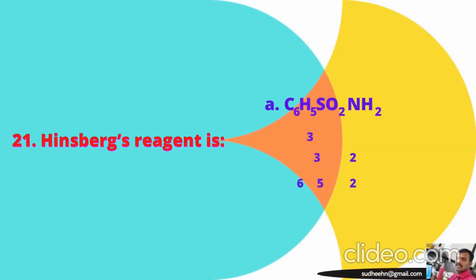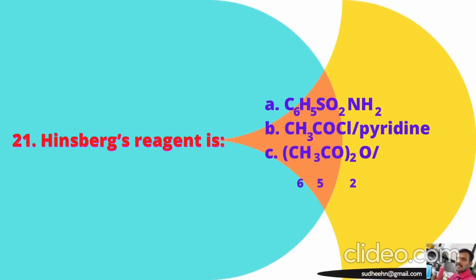Next question, question number 21. Hinsberg's reagent is: option A, C6H5SO2NH2, that is benzene sulfonamide. Next, option B, CH3COCl with pyridine, that is acetyl chloride. Next, option C, (CH3CO)2O with pyridine, that is ethanoic anhydride.